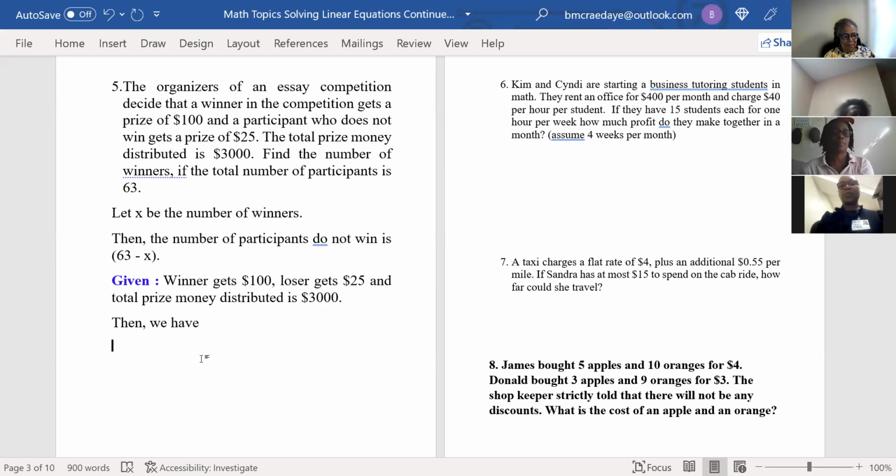Put total amount, that is y equal mx plus b, right? Well, this is not a y equal mx plus b. That's not it. It's not that format.